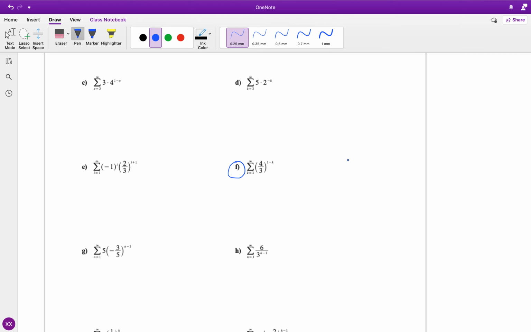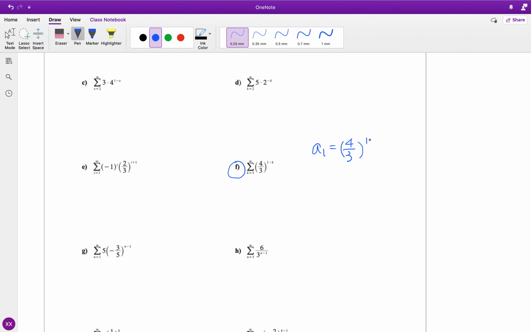So this question now is 4 over 3, 1 subtract k. Well, k started from 3. So therefore, my first term will be 4 over 3. Yeah, that's called a sigma notation. I'm so sorry, my mind sometimes goes too fast or too slow.